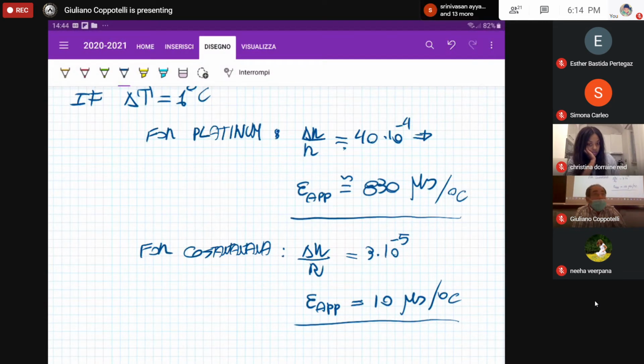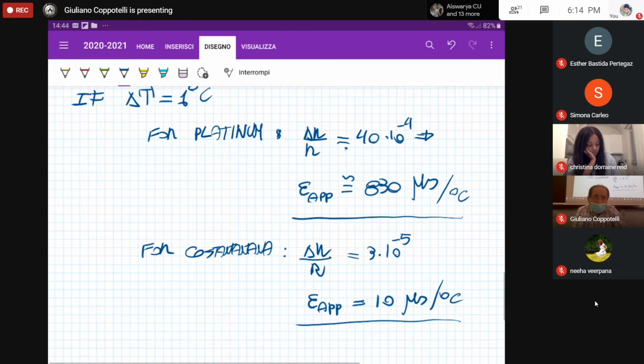On the contrary, if you are using Costantana based alloy, then we are having just 10 microstrain. That is not negligible, but it is a lesser quantity than the platinum alloy-based strain gauges. So the Costantana material is much better from the measuring point of view of strain than the platinum alloy. Also from the cost point of view, because platinum is very costly.